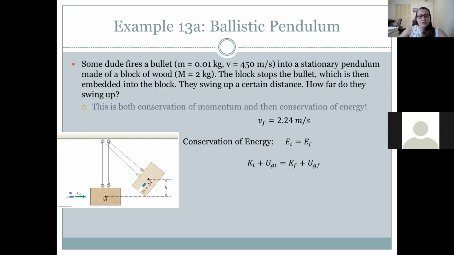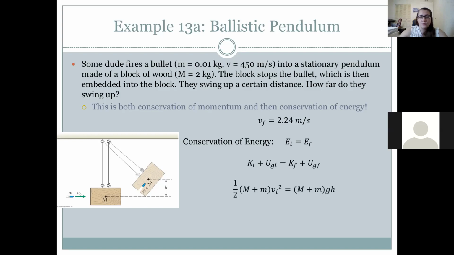So at first, just like conservation of energy problems that we did last week, we're dealing with kinetic energy of moving things plus gravitational potential energy because it's going to be swinging up a height above that reference point. So our initial total energy is kinetic plus gravitational potential. Our final total energy is kinetic plus gravitational potential.